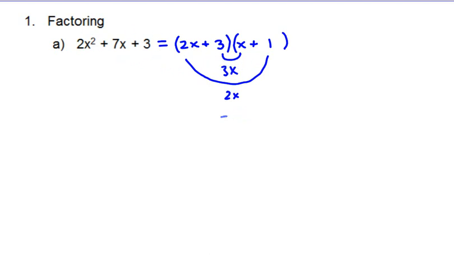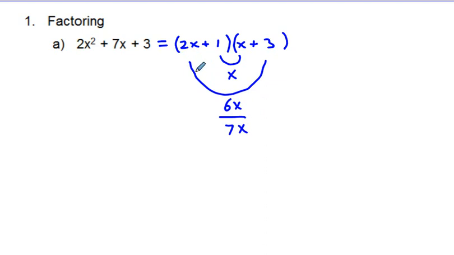So I'm going to back up and just change the order. I'm going to put 1 and 3 here. And here we can see we have 1 times x is x, and 2x times 3 is 6x, and they add up to 7x. So therefore, this is going to be our correct answer.